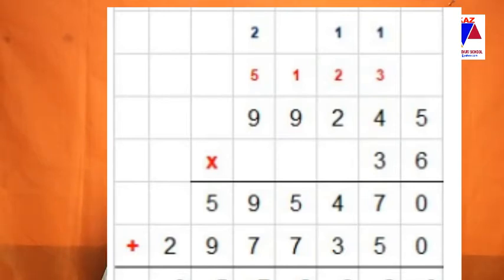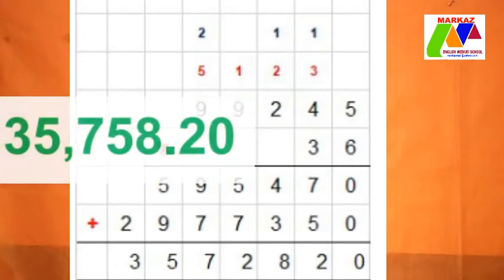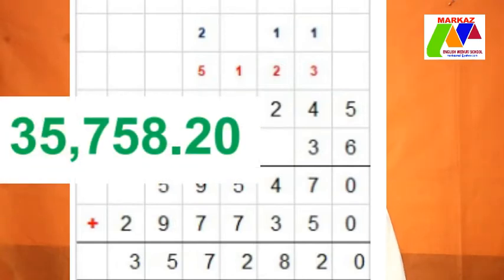Write 7 in the answer line, 2 in the next place. Again 3 into 9 is equal to 27, plus 2, 29. Adding gives 35,72,820. Then put the decimal point 2 digits from the right side.